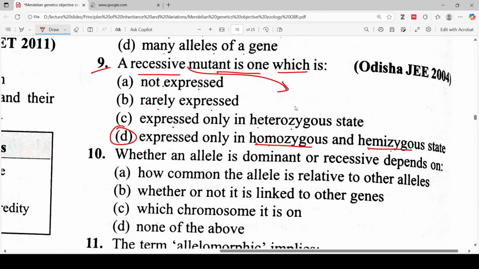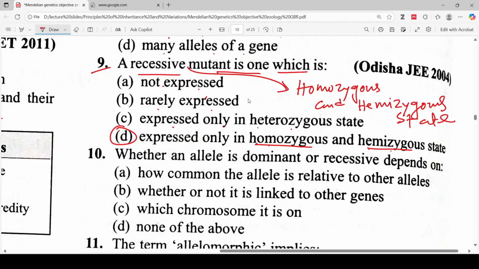Both homozygous and hemizygous states express it. So next question.